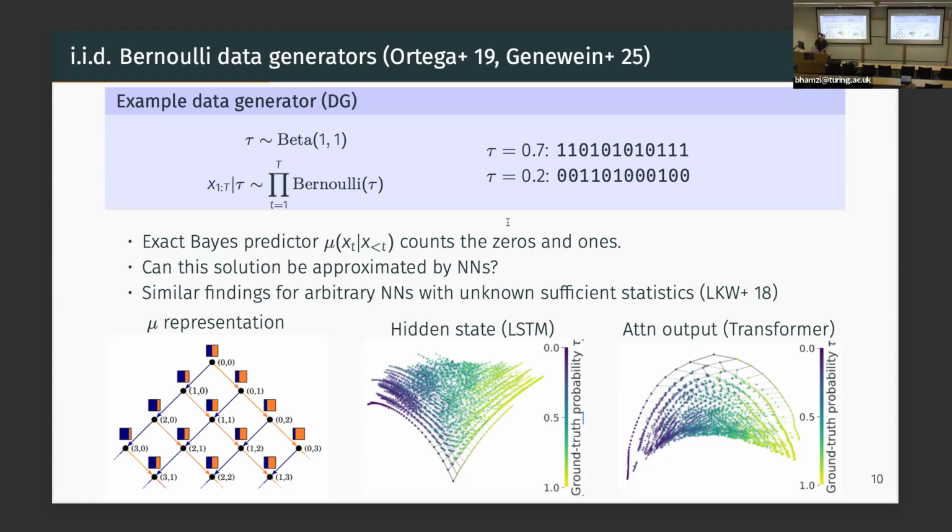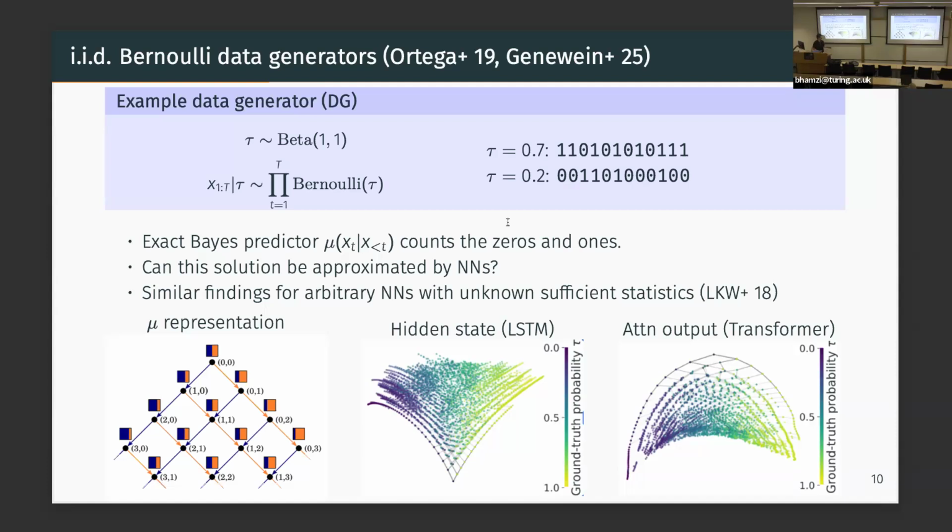But what's interesting is that on these two architectures, LSTMs and transformers, what we did was, in the LSTM, we took the hidden activations, or the cell states, and did a simple PCA, principal component analysis, and took the first two PCs. And we could already see this tree structure that really resembles the ideal solution structure on the left.